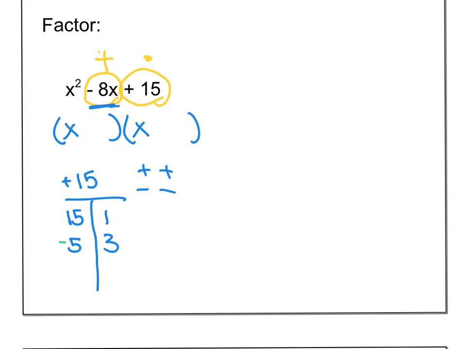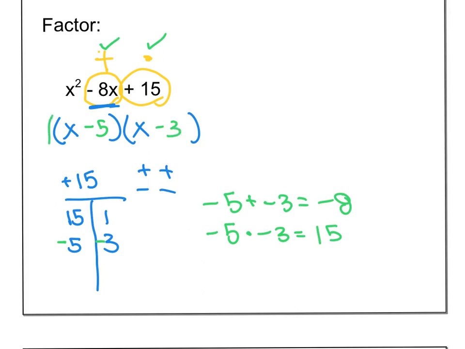So I think I see a -5 and a -3 is going to get me what I need. -5 plus -3 equals -8, which is what I needed, and -5 times a -3 is a +15, which was the second thing I needed. So -5 and -3 are what I'm going to put in to make my binomials.